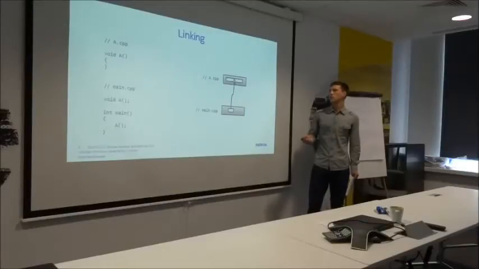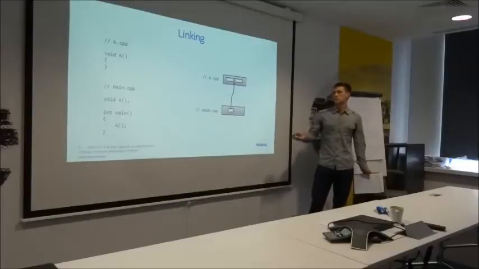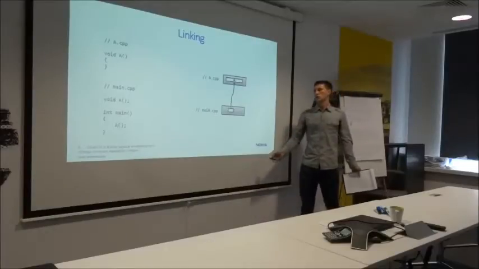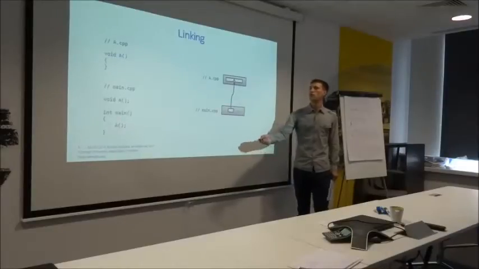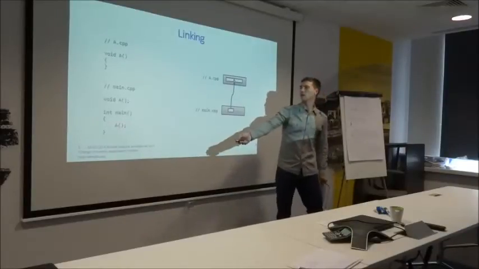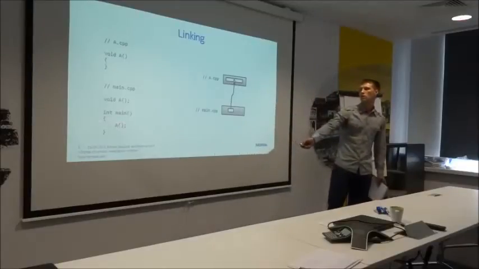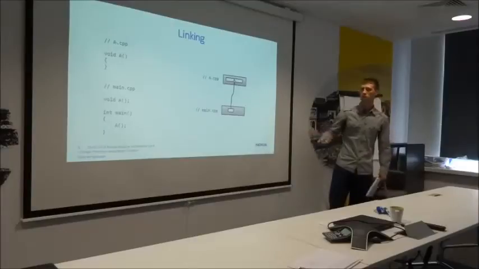When we combine two object files, for example a.o and main.o, we will know where we should go in main in order to call the function a, because now we see the whole picture.